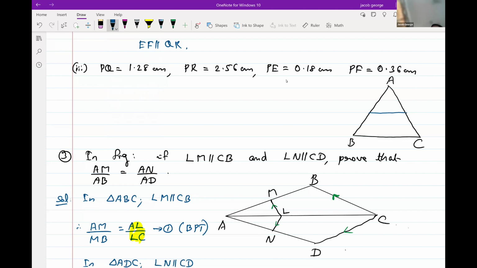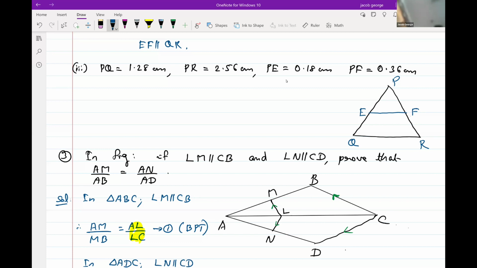Sorry, PQR, not ABC. What is the name of the triangle? PQR is a triangle. And here we have EF.